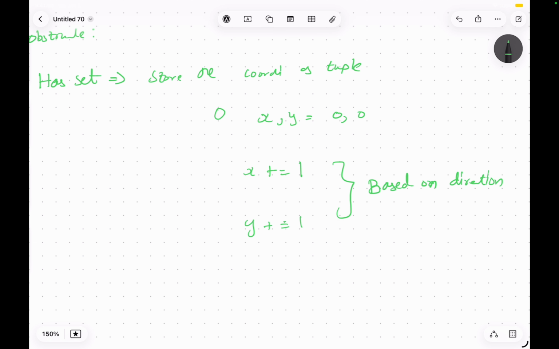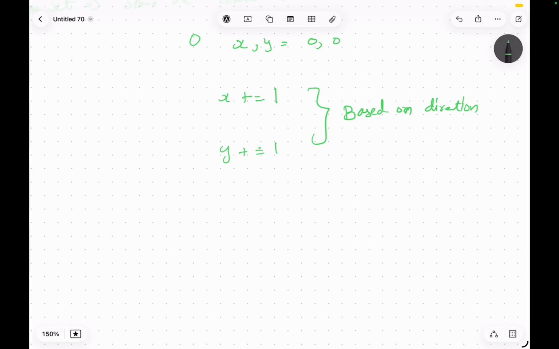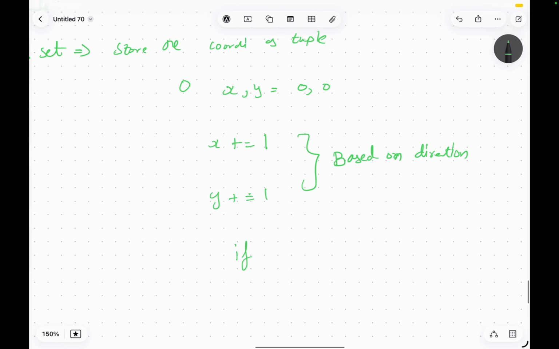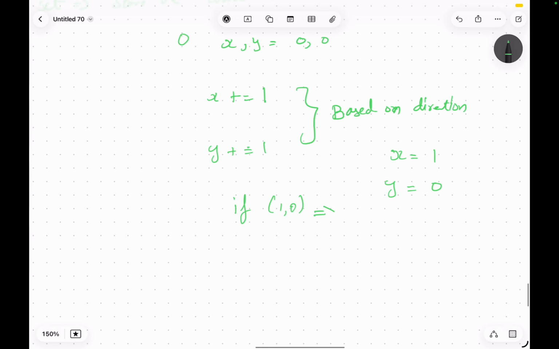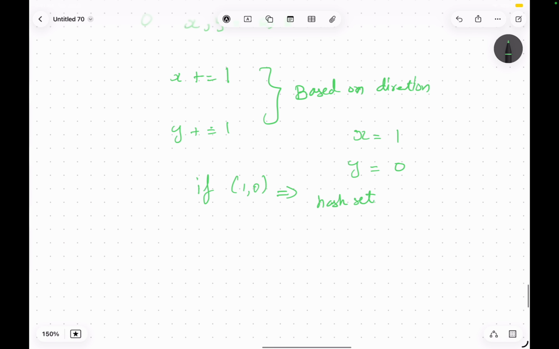Following the simulation, you have to check if you are encountering an obstacle. For example, you have x equal to 1 and y equal to 0 at the first iteration, which is (1, 0), and you have to check if (1, 0) is present in the hash set. If yes, you stay at the previous position, the past position, and in this way you can handle the obstacle as well.